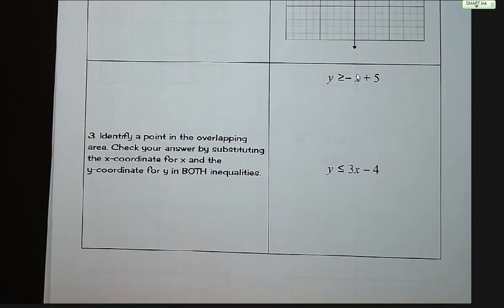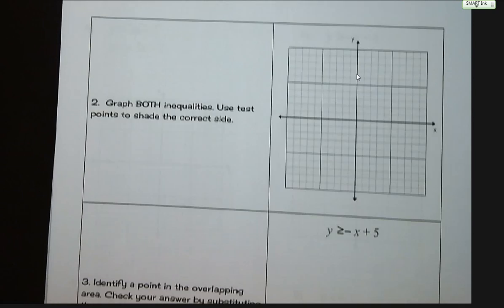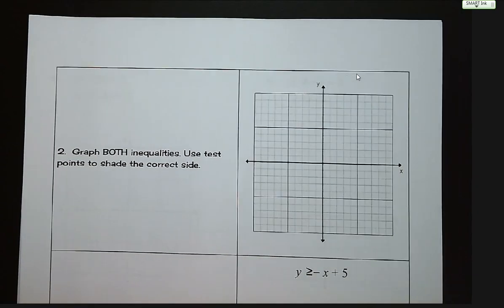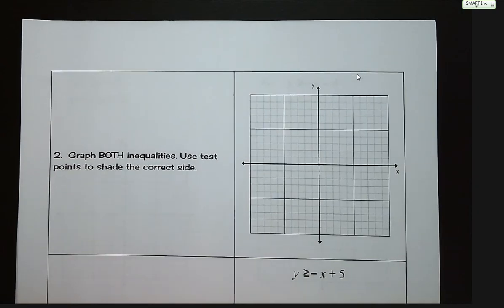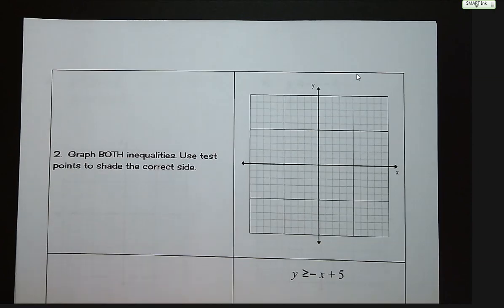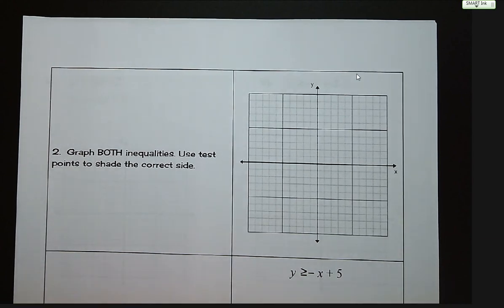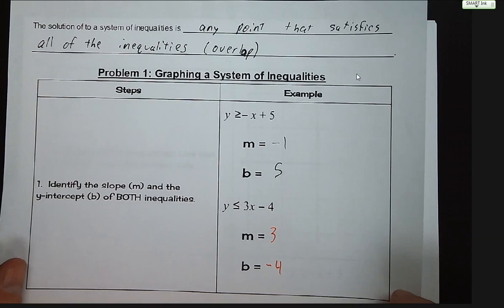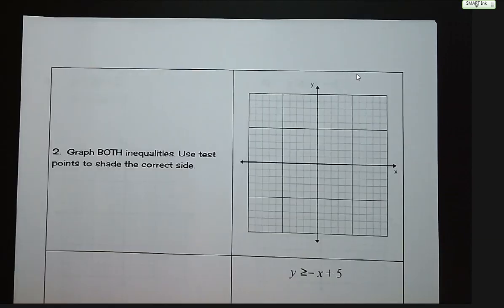Now, it is time to graph. So remember yesterday we said if it was greater than or equal to or less than or equal to, we use a solid line. And if it was less than or greater than, we use a dashed line. So if we notice, looking back, both of our equations are greater than or equal to, so they are going to be solid lines.